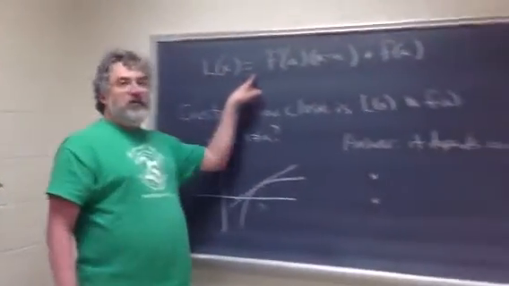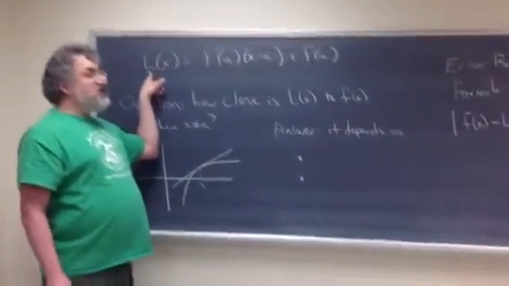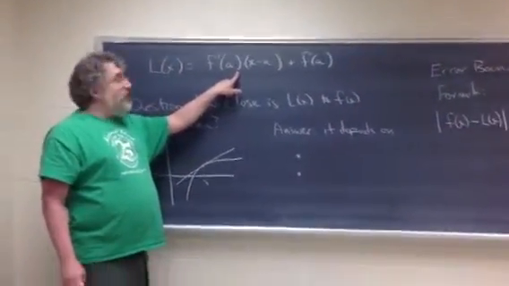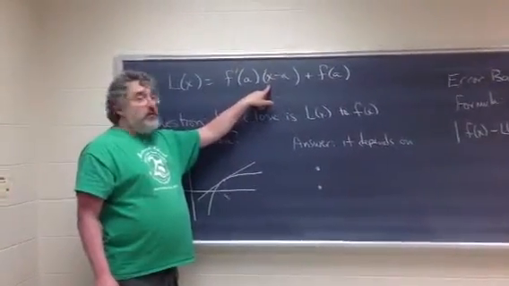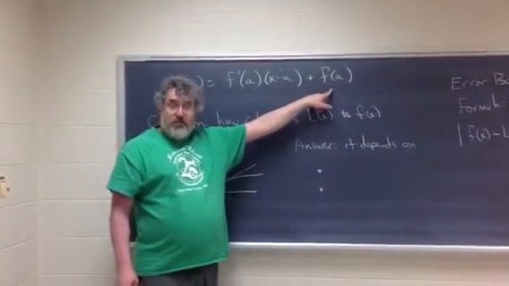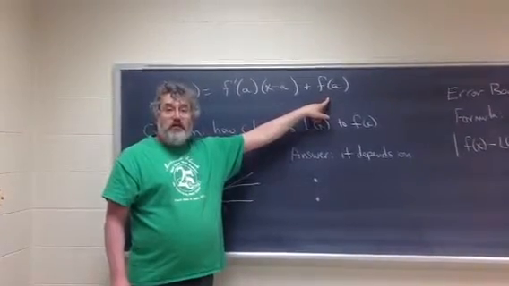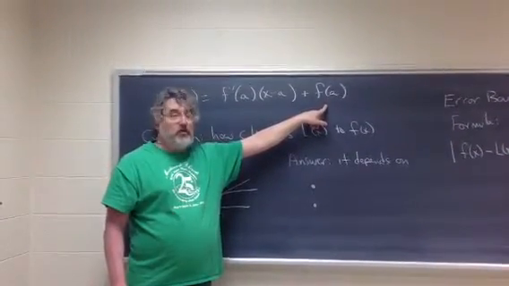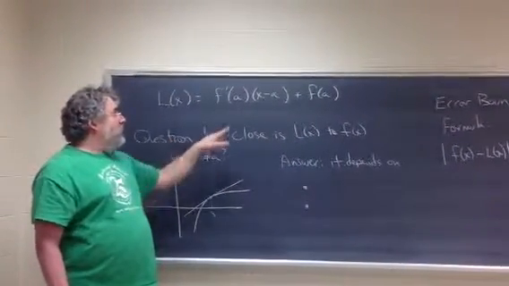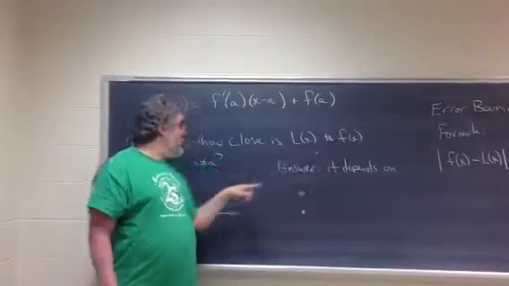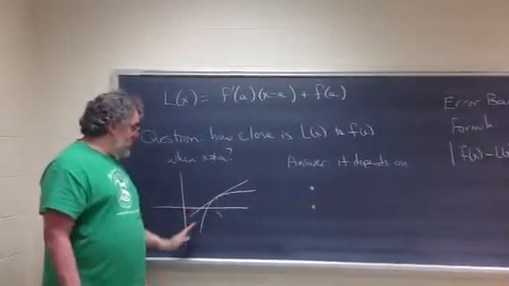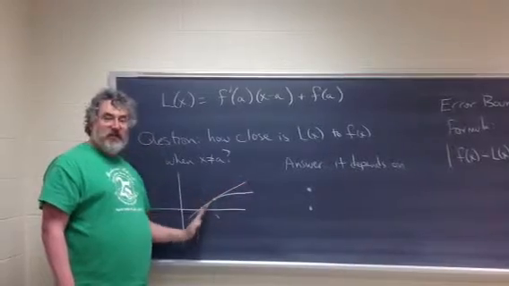In general, if you have L of x equals f prime of a times x minus a plus f of a, so that's the linearization, the local linearization or the linear approximation, how close is that to the original function for a particular x? So again here, this is f of x.